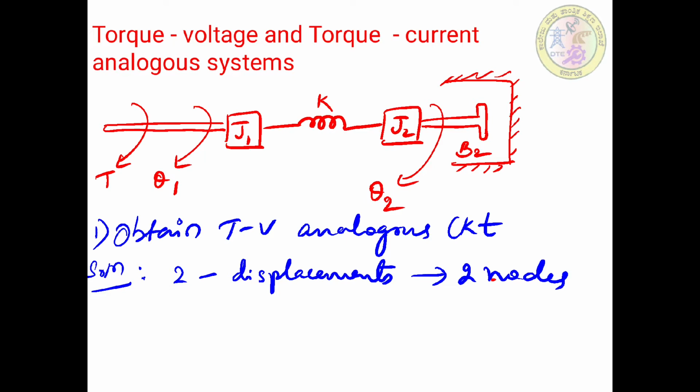Then at node theta 2, we have to connect the mass of inertia J2, as well as some friction B, which is also associated at this point. So therefore, J2 and B2 will be connected to theta 2 node, and already the spring constant, that is the stiffness of the shaft K, is connected between theta 1 and theta 2.